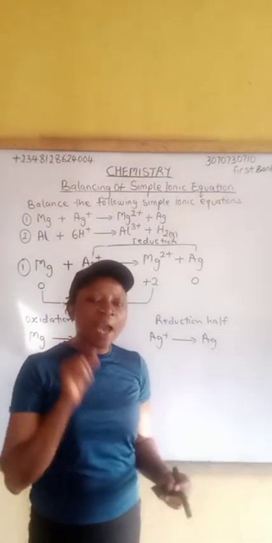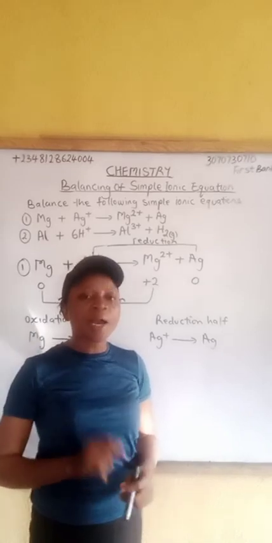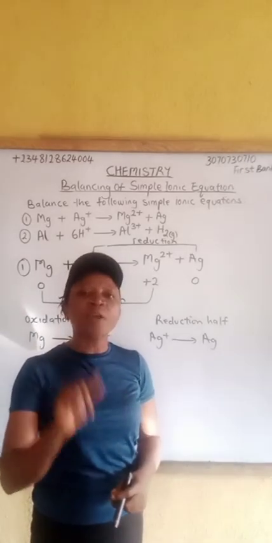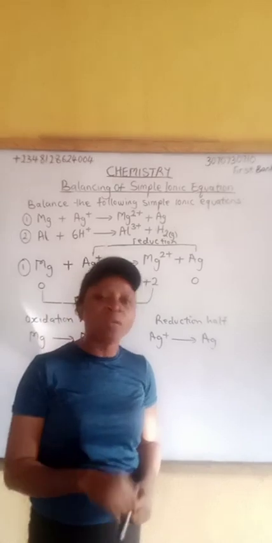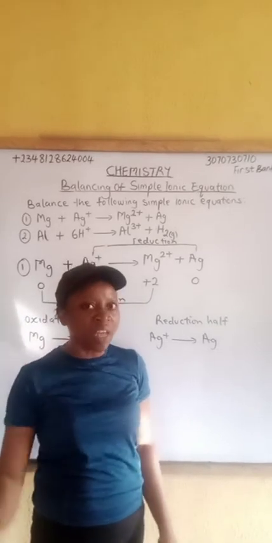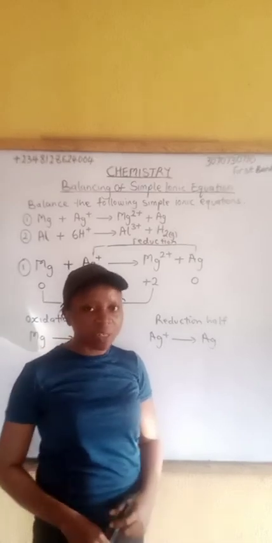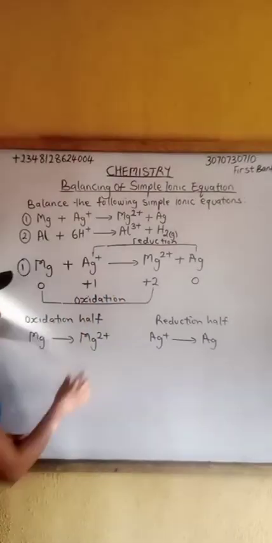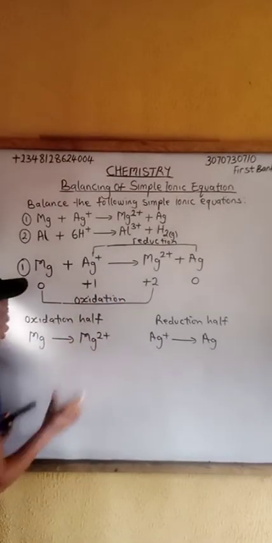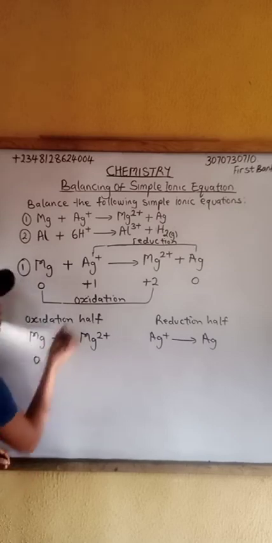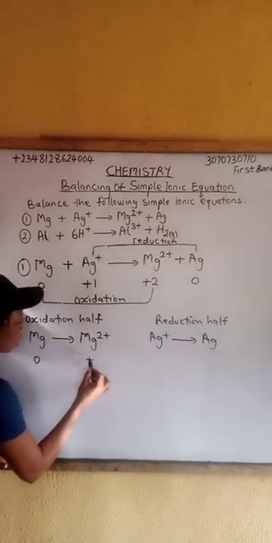You are going to balance it by adding electrons. Don't forget that when you are adding electrons, it's just like you are subtracting charge, because an electron is negatively charged. Now let's write their oxidation numbers. This one is 0, while this one is plus 2.